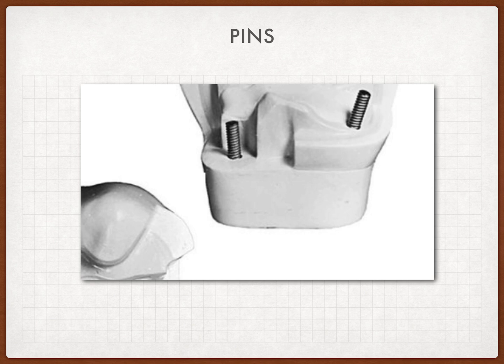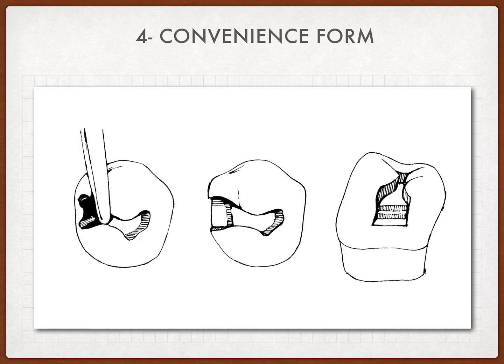Pins are very good for retention specifically in the vital teeth, because in the non-vital teeth we use posts. Anyways, pins are controversial, and some authors support their use and some others do not, because they say that they make microfractures and all of these things that jeopardize the health and integrity of the tooth structure.